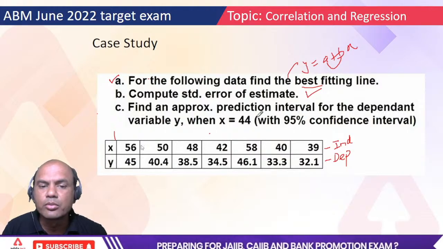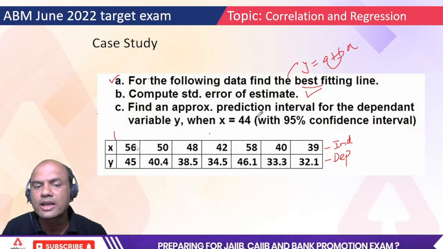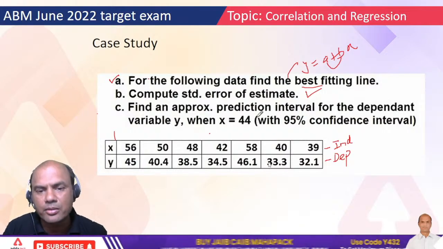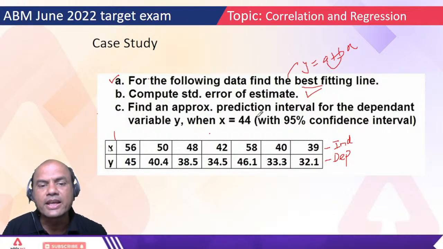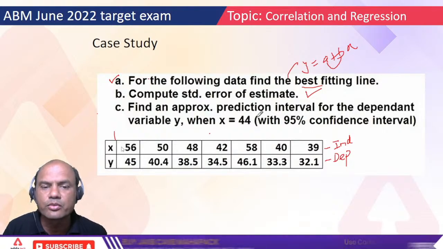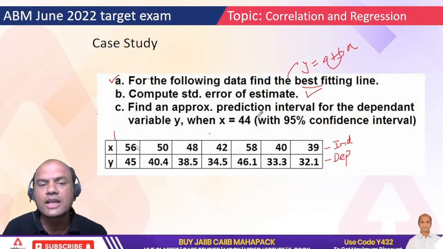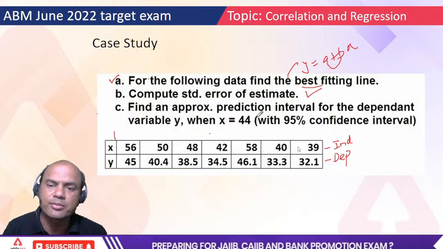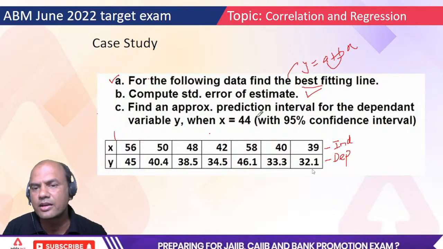It is uneven. The movement of x is uneven. You can't guarantee the movement of x and also y. Whereas in other problems such as time series, x moves in a linear fashion. X will move by 1 month, 1 day, 1 week. It is a standard movement in time series. That way you can differentiate between time series and correlation and regression.